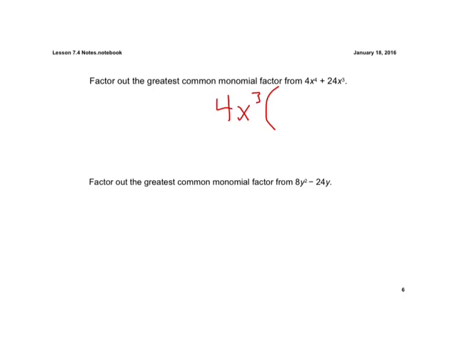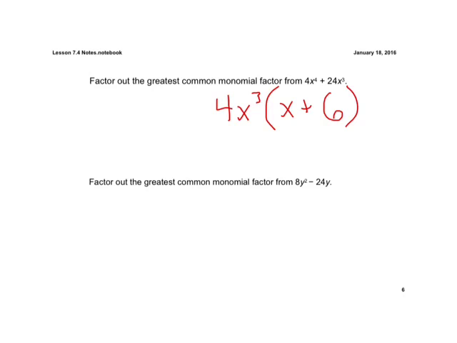Now what's left over? What can we multiply by 4x to the 3rd to get 4x to the 4th? Okay, well, we know that's just x. Okay, now the second term, we're going to divide that 24x to the 3rd by 4x to the 3rd. Okay, and when we divide, we're going to end up with just a 6. Okay, and we can leave it right there. Now, second one.